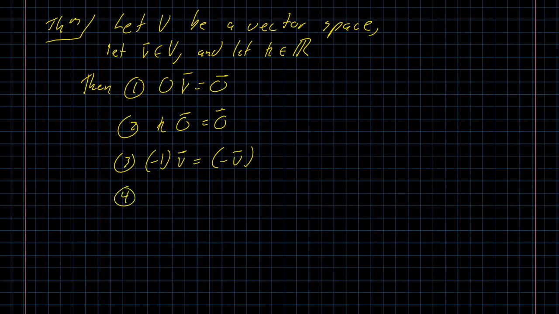and the zero product rule. If k times v is equal to 0, then k equals 0, or v is the 0 vector, or possibly both. We proved this as a property of Euclidean vector spaces.